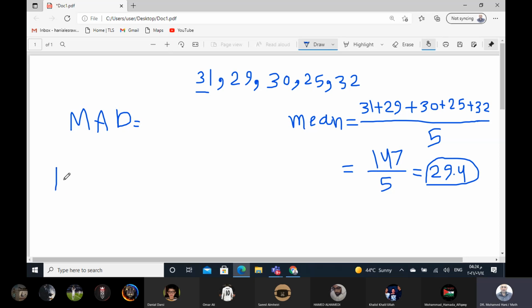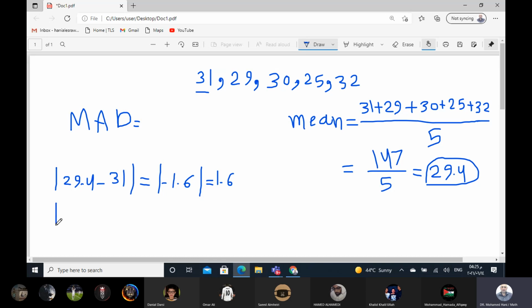So we have 29.4 minus 31. The answer will be minus 1.6. As you remember, the absolute value changes the negative number to a positive number, so the answer will be 1.6.